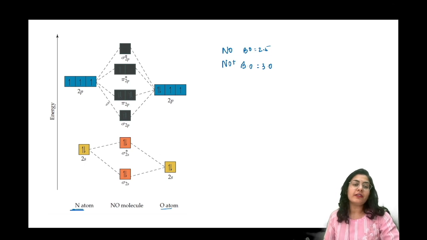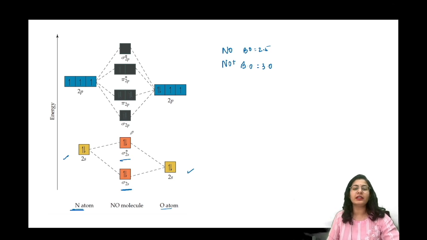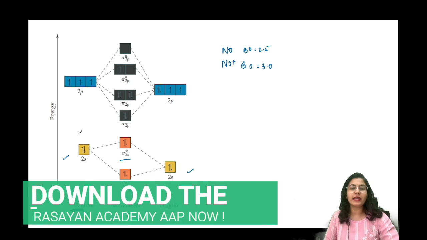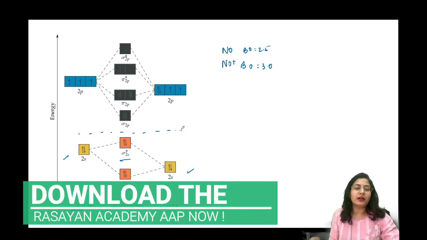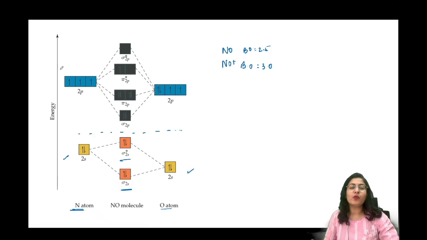So when they are filling up all the electrons over here, you see that 2s and 2s are going to form the sigma 2s and sigma 2s star. Alright, electrons are filled equally. So ये हो गया है यहाँ पे complete electron contribution of the 2s. When we move onwards to the higher energy 2p, we see that 3 electrons from the 2p and 4 electrons from the 2p of oxygen are going to be filled up like this.